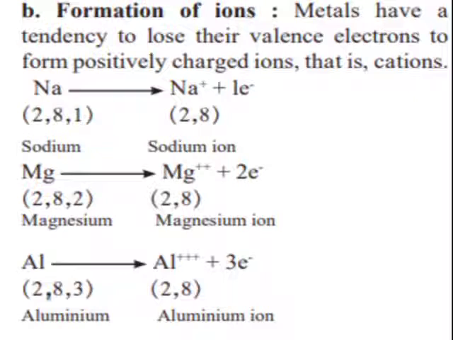Third is aluminium, 2, 8, 3. So it contains 3 electrons in its outermost orbit. During ion formation, it gives 3 electrons, so it carries a positive charge. So Al3+ and plus 3 electrons. This is nothing but the aluminium ion. So this is called ion formation.